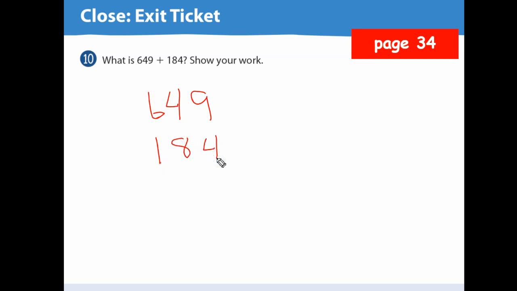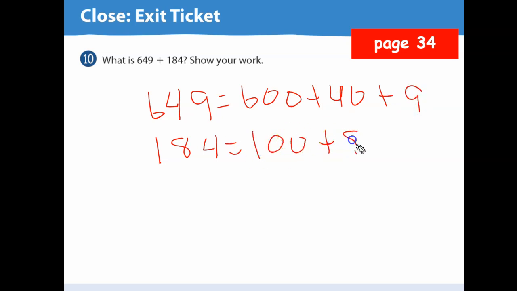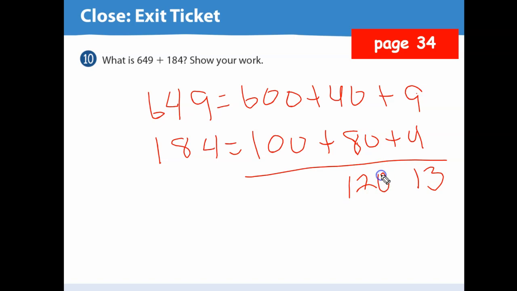If I was going to do expanded form, I got 600 plus 40 plus 9, 100 plus 80 plus 4. And then just add them all together. 9 plus 4 is 13. 40 plus 80 is 120. 600 plus 100 is 700. And I add all this together. Okay, that's one way to do it.